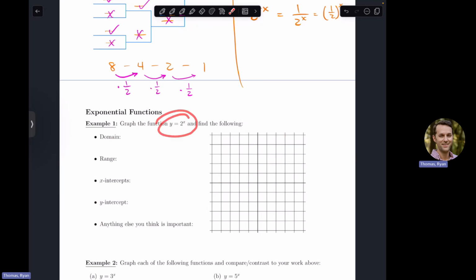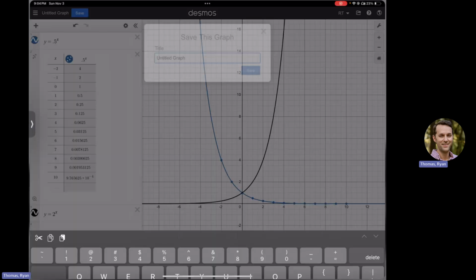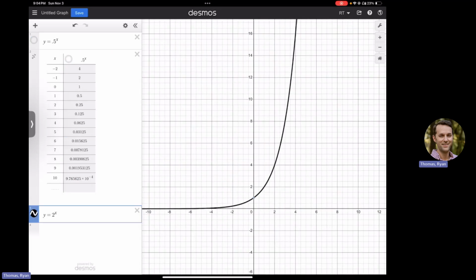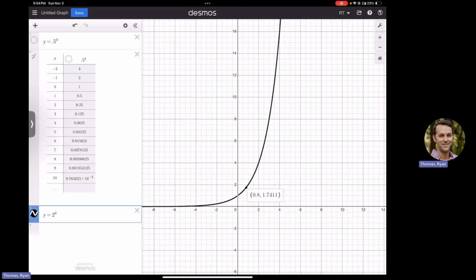And again, with the base being 2, the points that have nice coordinates along the way are going to be those that are powers of 2, right? So 0, 1; 1, 2; 2, 4; all the stuff I had written out in that table for number of zombies; 3, 8.